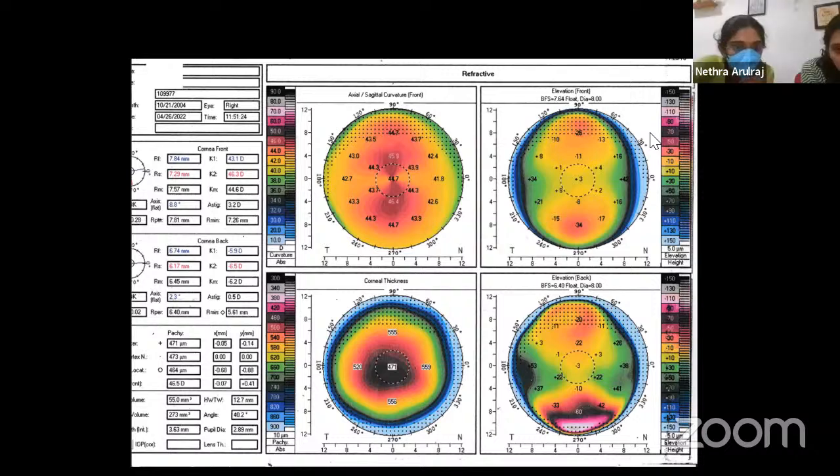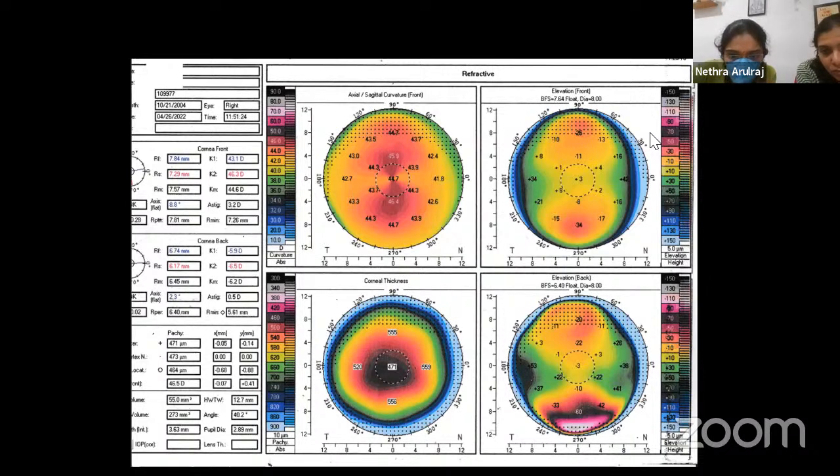Coming to the axial sagittal curvature map, a symmetric bow tie pattern can be seen. And moving on to the front elevation, it is +3 within the pupillary area, which is within normal limits.